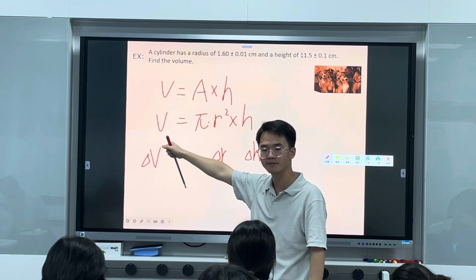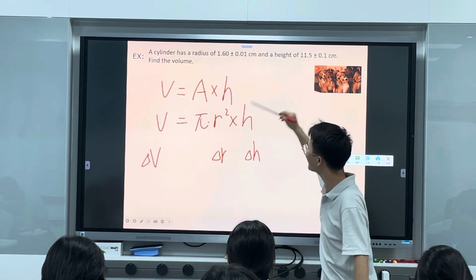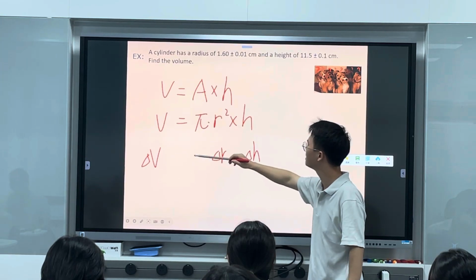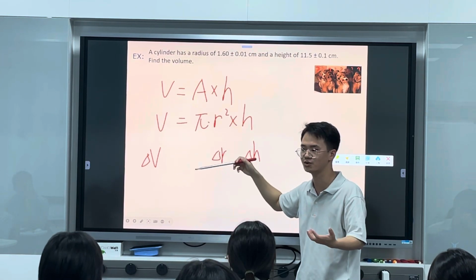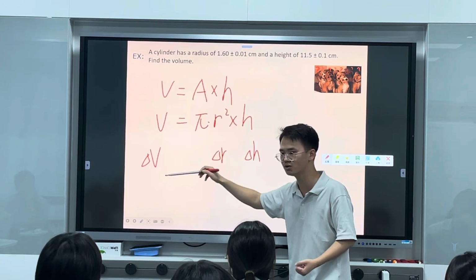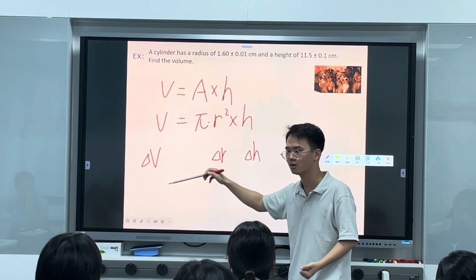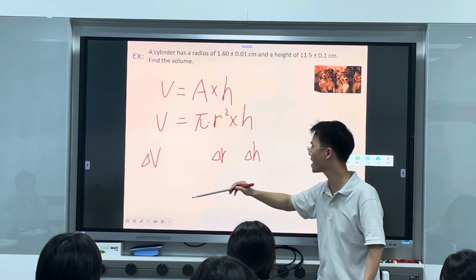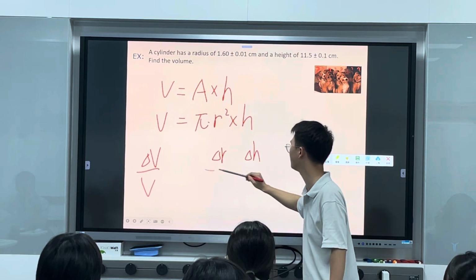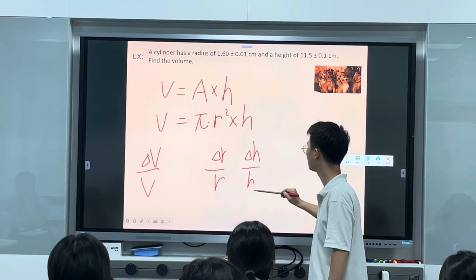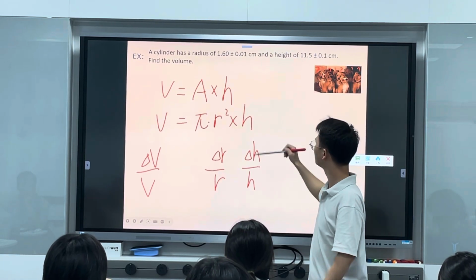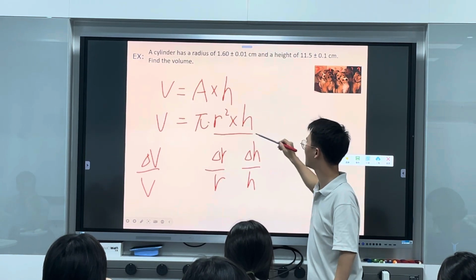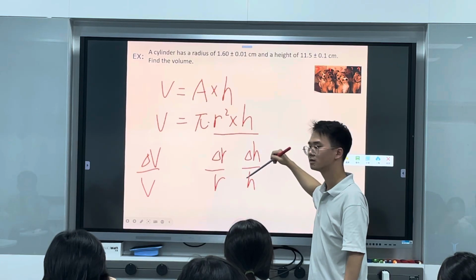Does that make sense? Okay, so then how do we find this? First of all, should we directly use absolute uncertainty? What should we use? Fractional. So let's convert that into fractional first. And then, what do we do? Look at the formula. It's all squared.